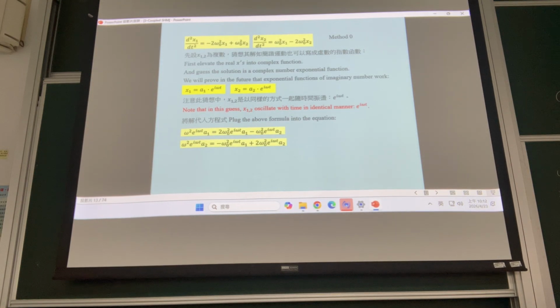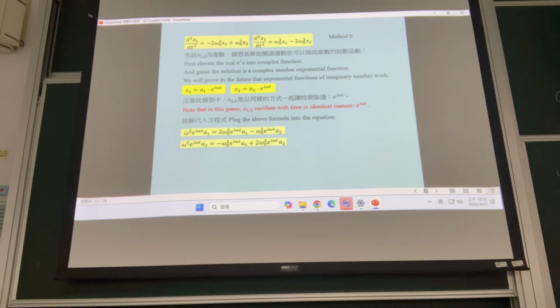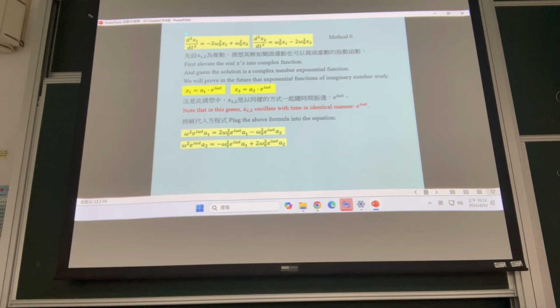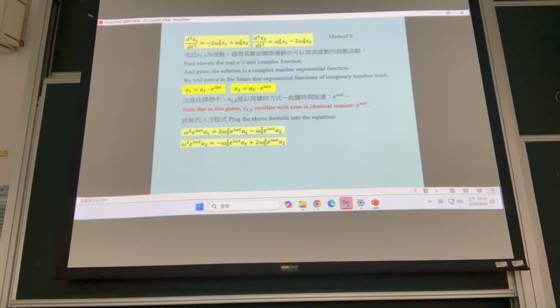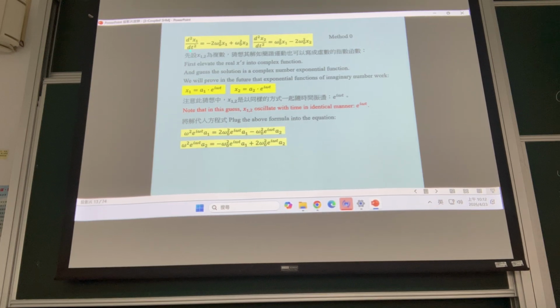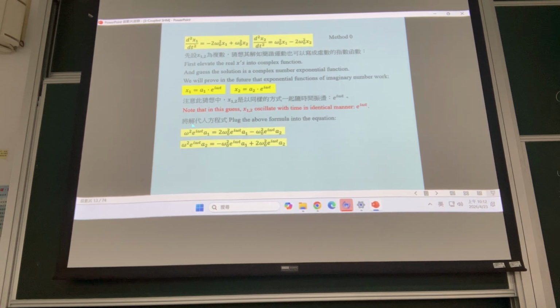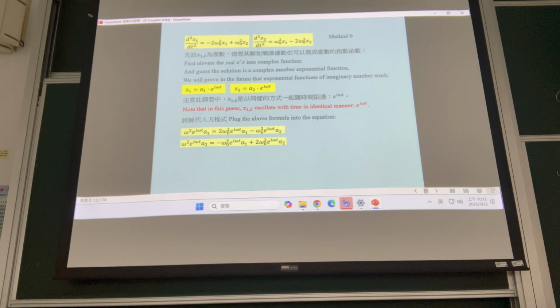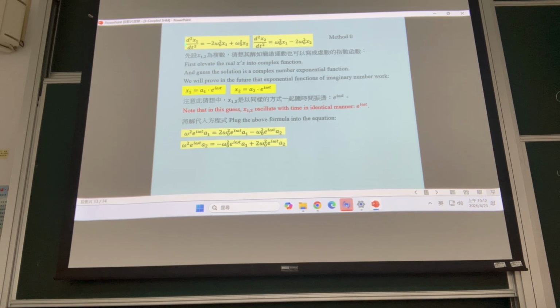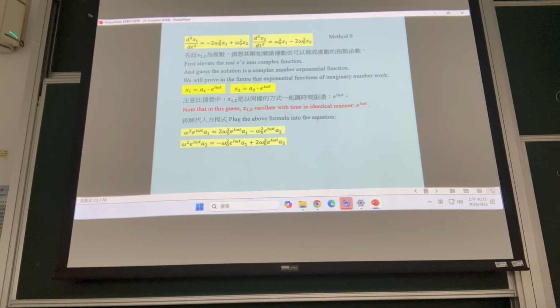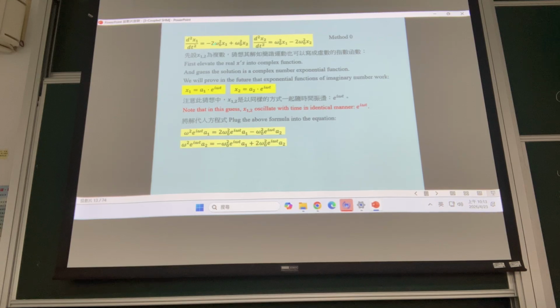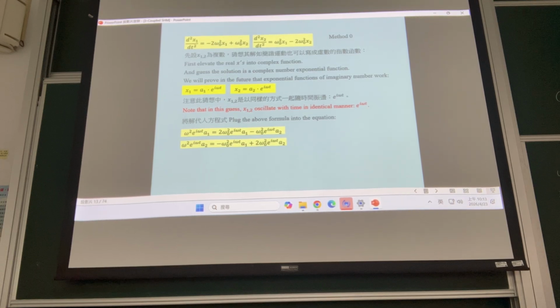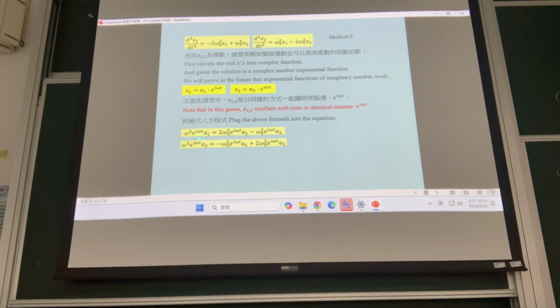To see if it works, I just plug it into the equation of motion. As usual, every derivative gives you an omega squared, right? So the second derivative of x1 will be omega squared e to the i omega t a1. Because we take two derivatives, it will be omega squared. It should be minus omega squared, of course, but we cancel the negative sign on the right-hand side. So it will be omega squared times x1, where x1 is a1 exponential i omega t.